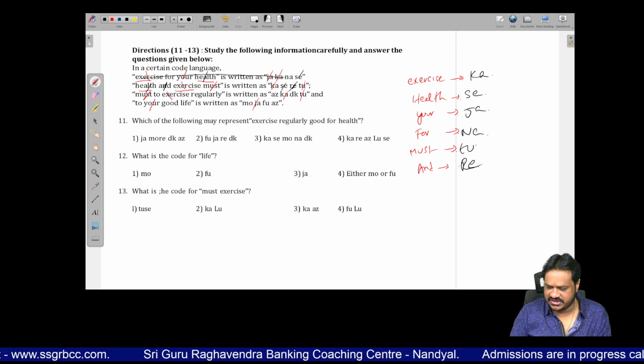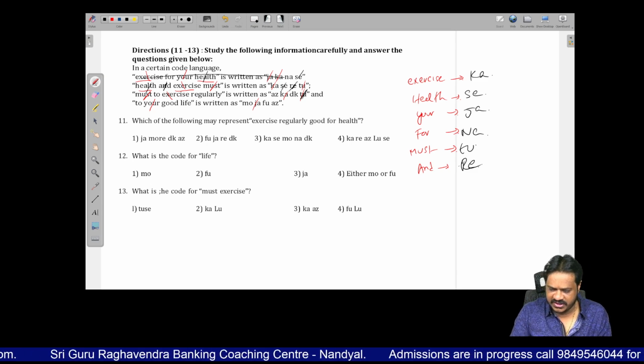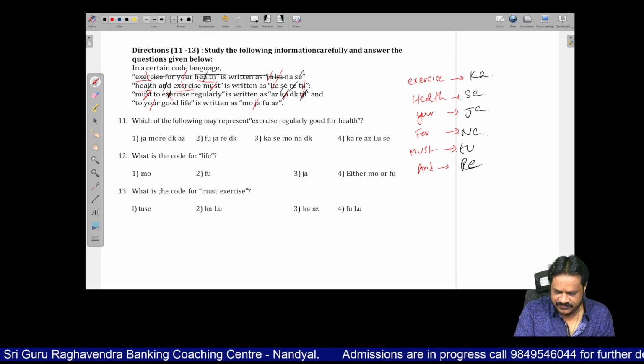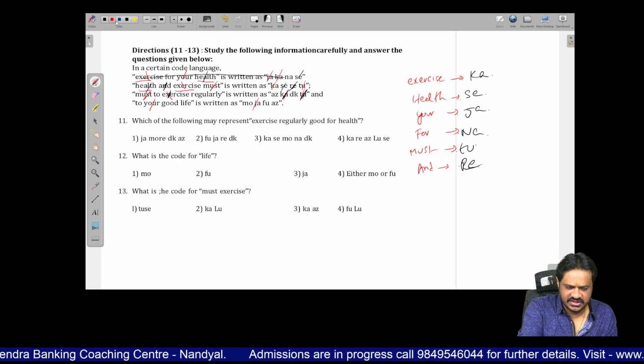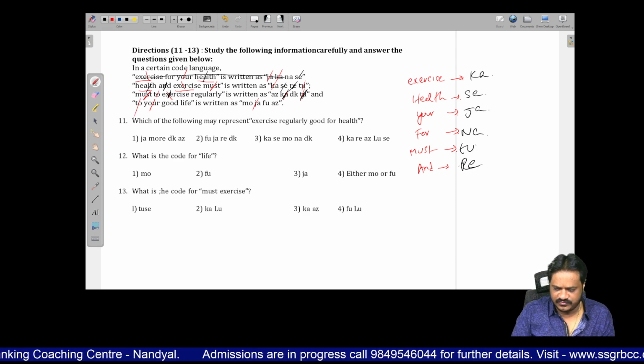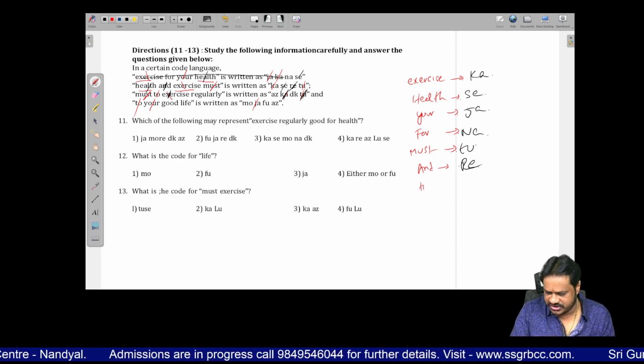Must do exercise regularly. Must means TU. Then exercise means KA. Then to, regularly. In third and fourth, you can see AZ. To code is AZ.